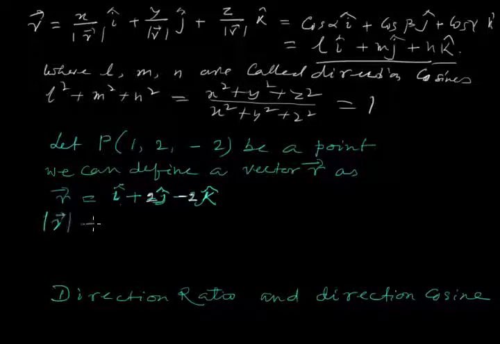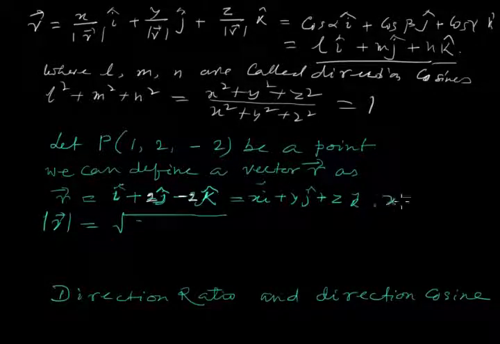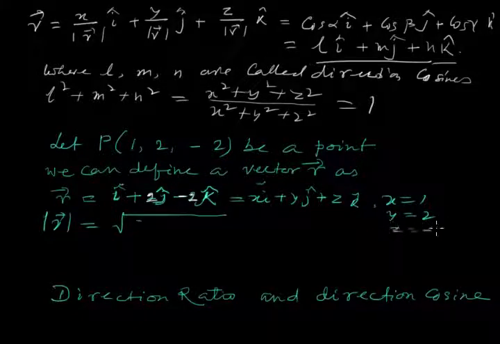Magnitude of R is equal to root over, here we compare with x i, y j, z k cap. Here x is equal to 1, y is equal to 2, and z is equal to minus 2.